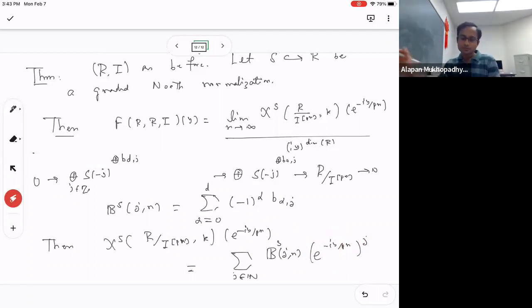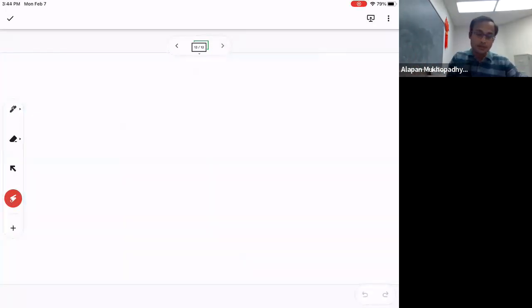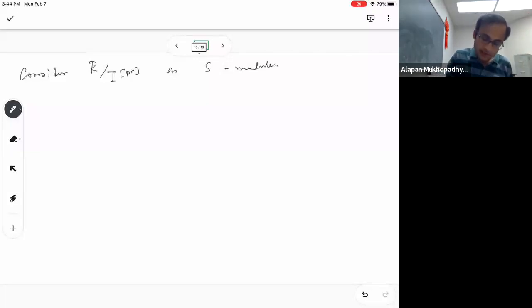Okay, so now I'm going to pose another vague question. If I look again at these modules, as S modules, these are determined by the information of R, the information of I, and the Frobenius.